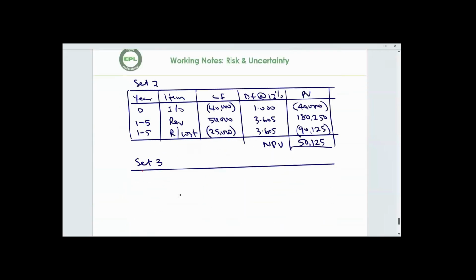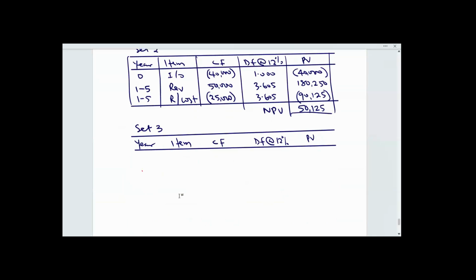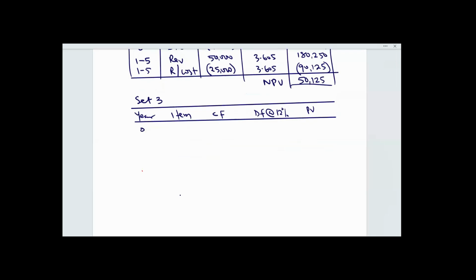Now, next one, set 3. So create a column for year. We're almost there. Description of item, cash flow, discount factor at 12%, then present value. Year 0, 1 to 5, 1 to 5.